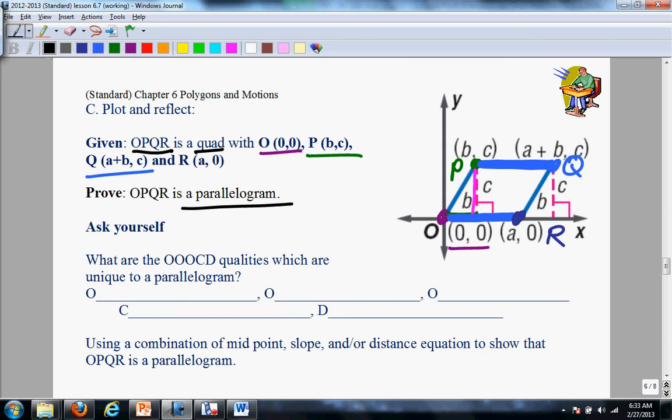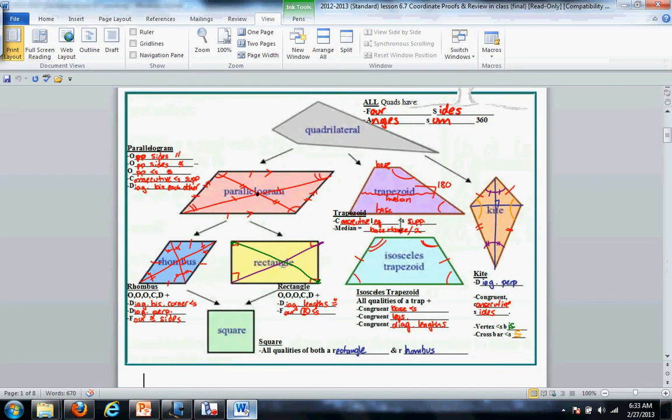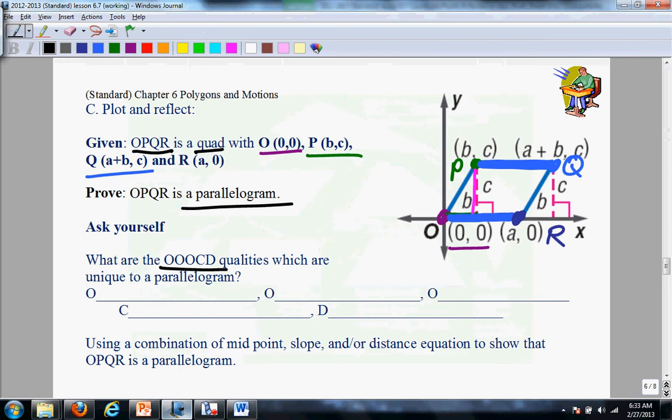Well, remember, the key to a parallelogram is the OCD qualities. So just to refresh your memory, the OCD qualities are right there. Opposite sides are parallel. Opposite sides are congruent.